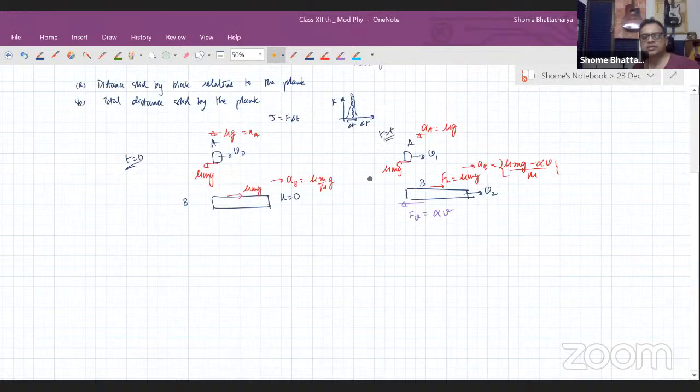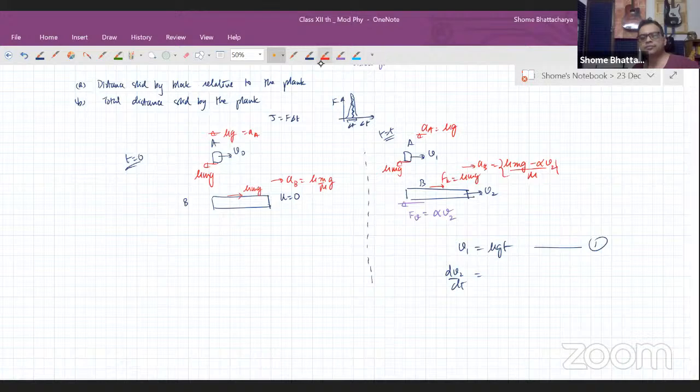Now V1 as a function of time will be mu gt, whereas V2 as a function of time will be such that dV by dt is in fact V2 only. So this instantaneous velocity I'm taking as V2.